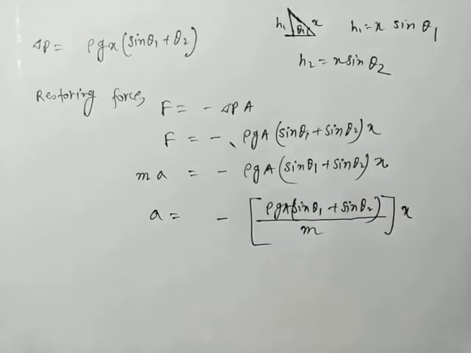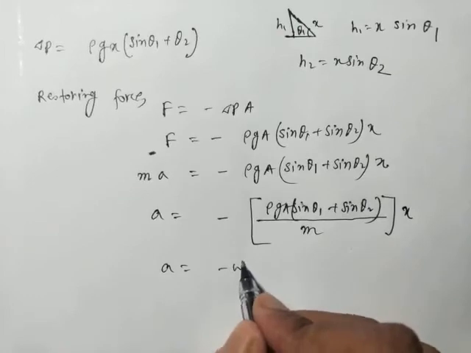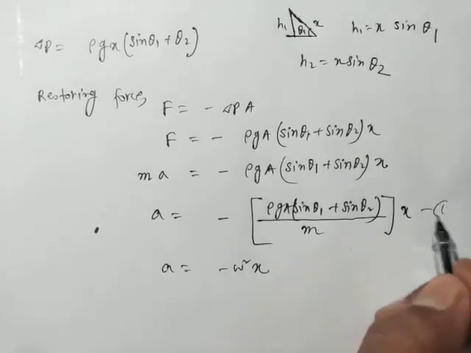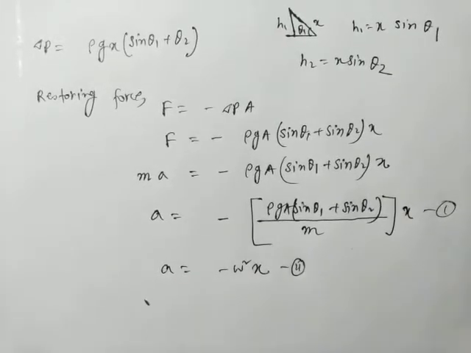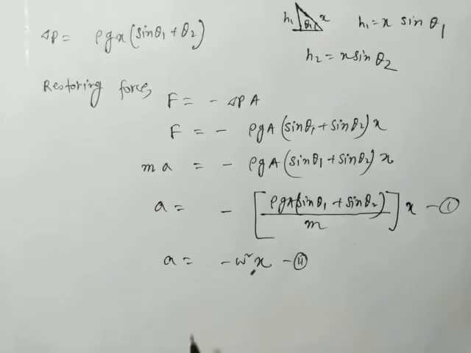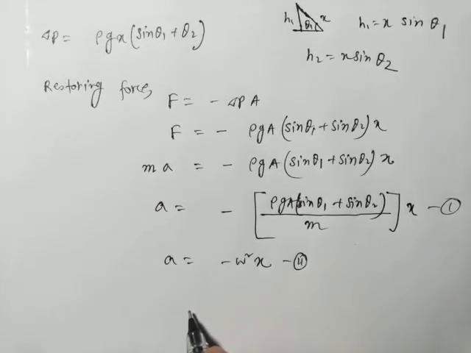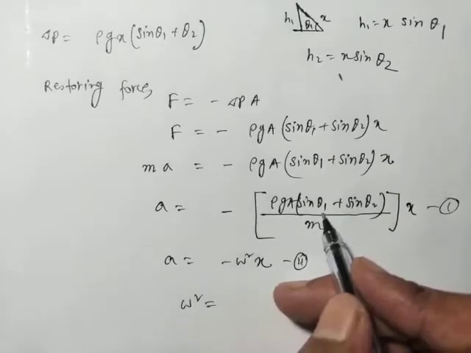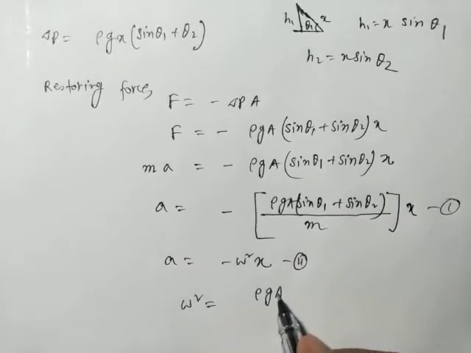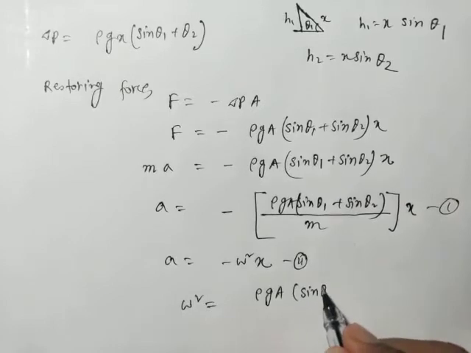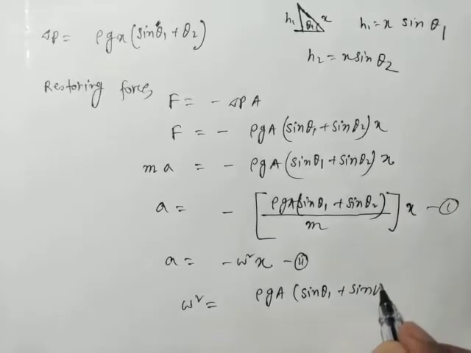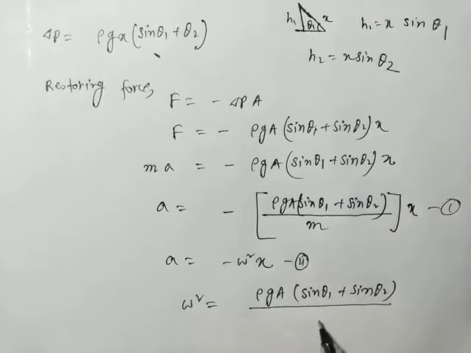Now if we compare this equation, equation 1, with a equals minus omega square x, equation 2, then we will get that omega square is equal to rho g A (sin theta 1 plus sin theta 2) divided by m.